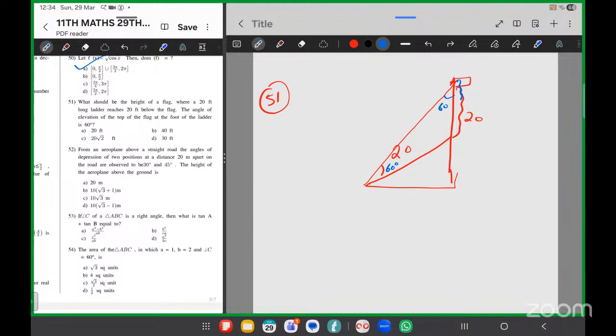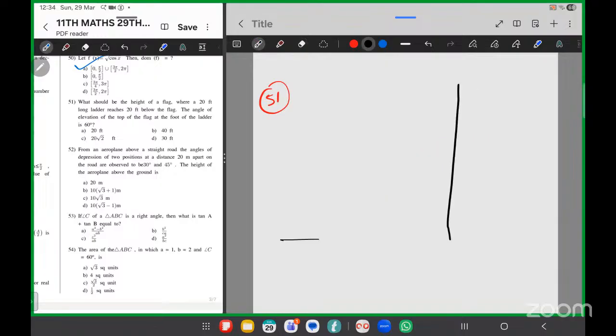The angle of elevation of the top of the flag at the foot of the ladder is 60 degrees. This is 60 degrees. We will draw again. Next is 20.